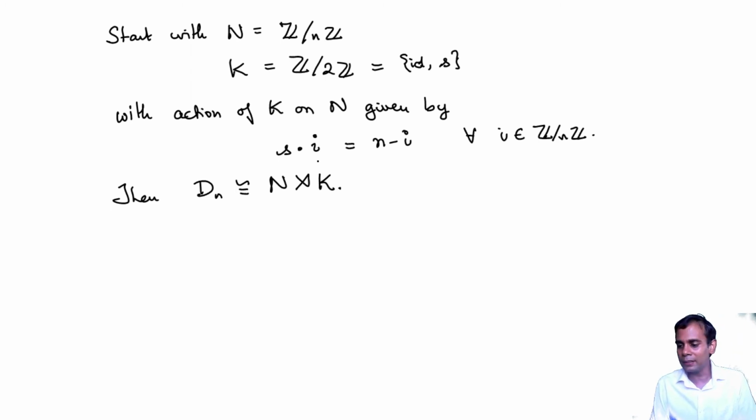So we don't get anything new, we get back the dihedral group that we looked at earlier. But you can just tweak this a little bit to get new and interesting groups. So let's look at a new example.